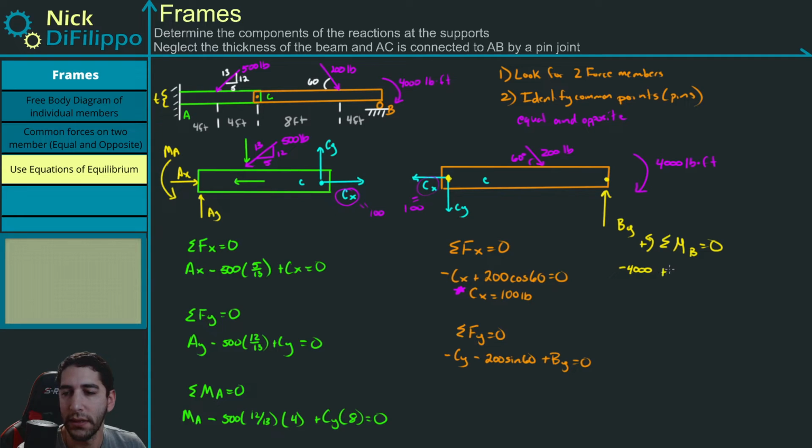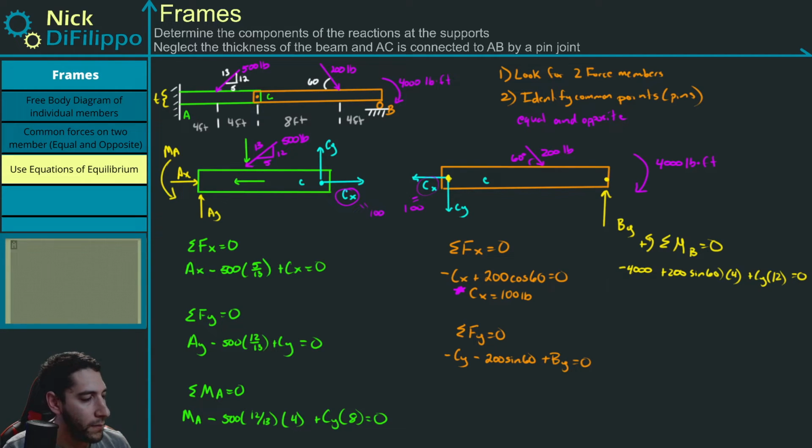So plus 200 times the sine of 60 times, what's this distance? This distance is 4. And then we have plus CY times the total distance, which is 8 plus 4. So this is 12. And this is equal to 0. Now we can solve this equation for what CY is equal to.